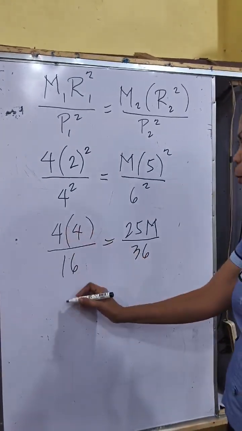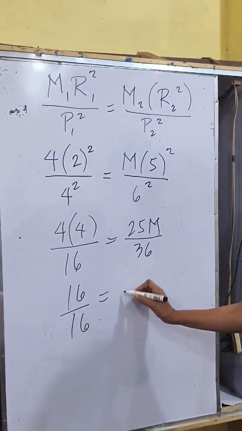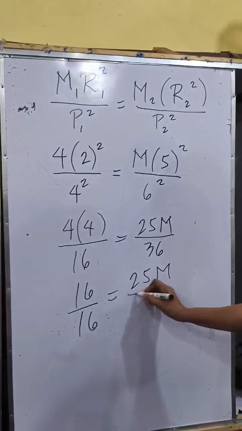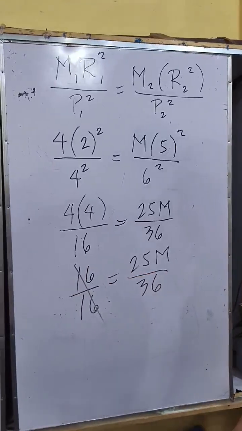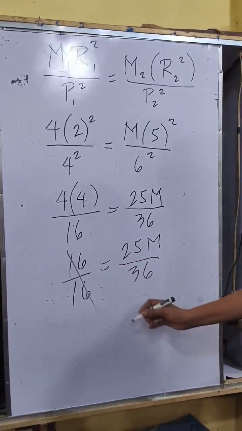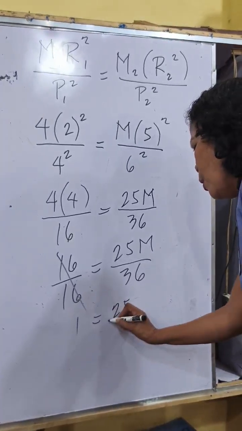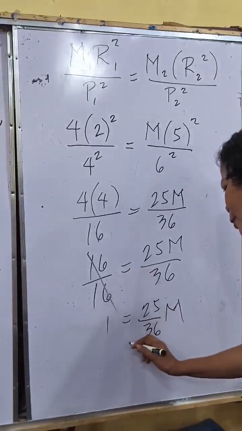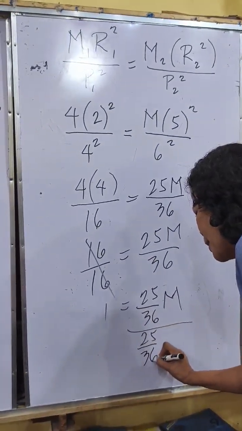So 4 times 4, that is 16 over 16. That is 25 M over 36. We can simply cancel 16 and 16, that is 1. So obviously 1 is equal to 25 over 36 M. Now to solve for M, you divide both sides by 25 over 36.